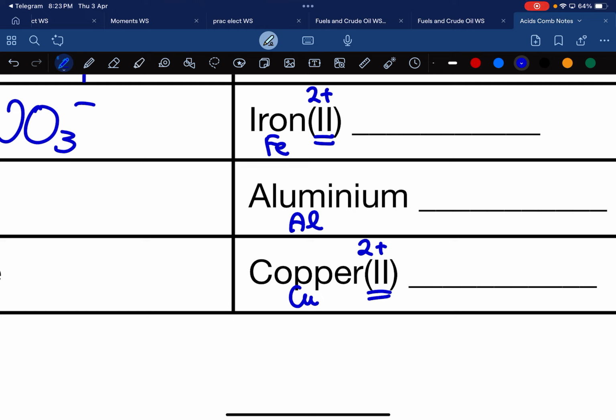Nitric acid is what charge? Or is this one of the acids we remember? Yep.